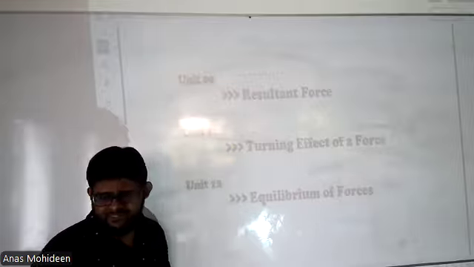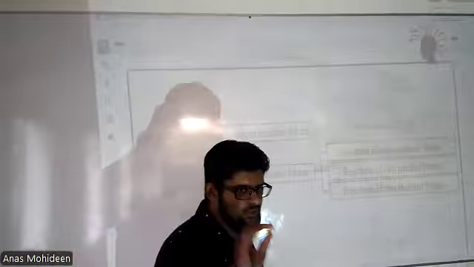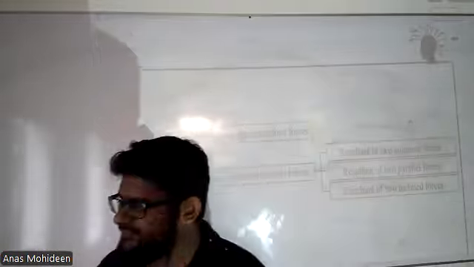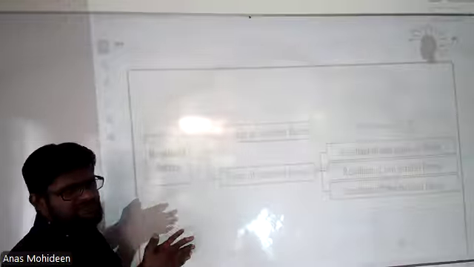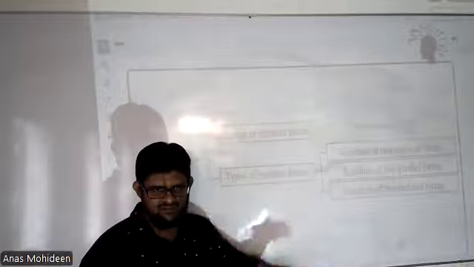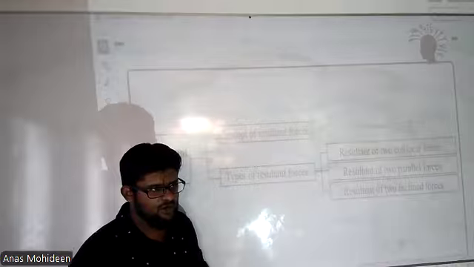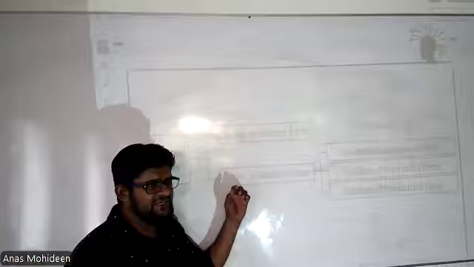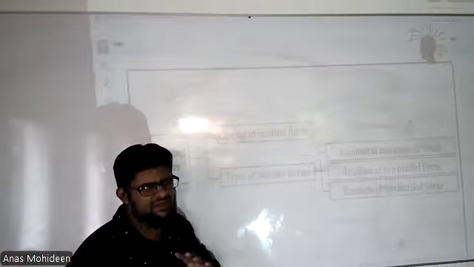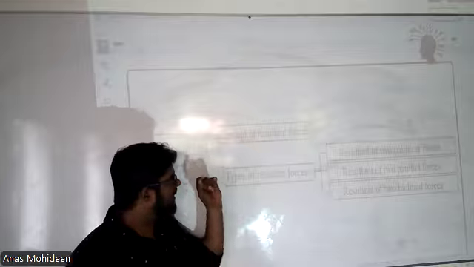So the ninth chapter we are starting today is the resultant force. The mind map related to all three chapters is given for you on the next page. Let me take the resultant force first. Here we speak about two topics. First, what is resultant? What is the concept of resultant? How to find it? And what are the types of resultant? A very simple lesson will be done today.